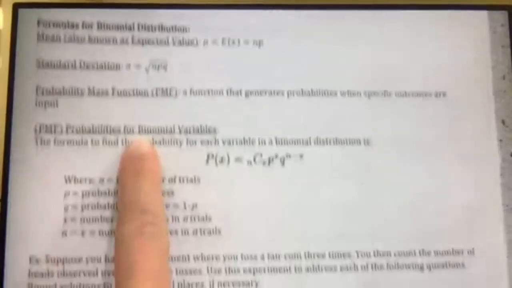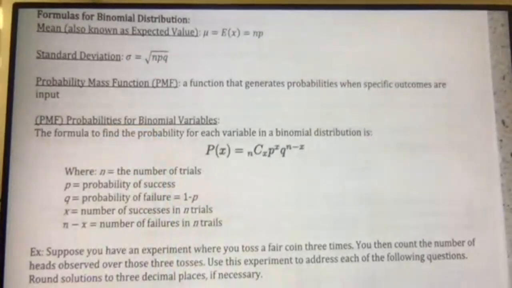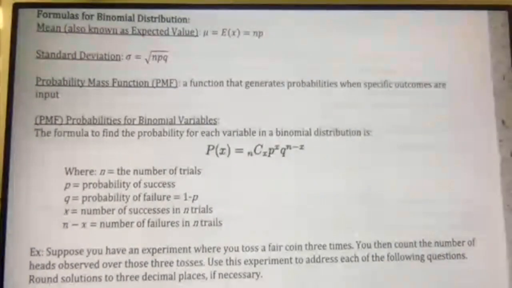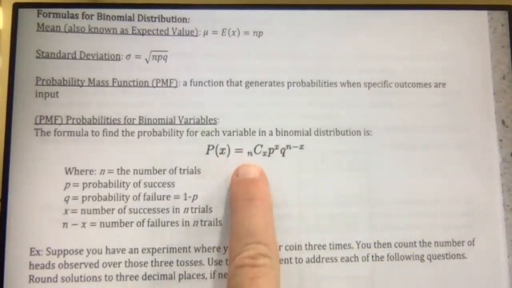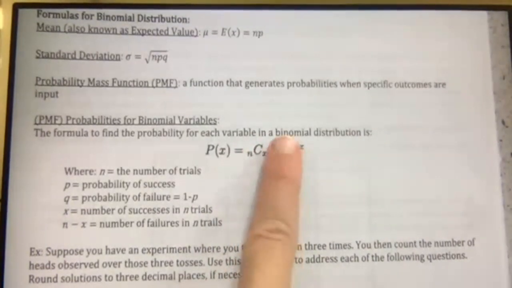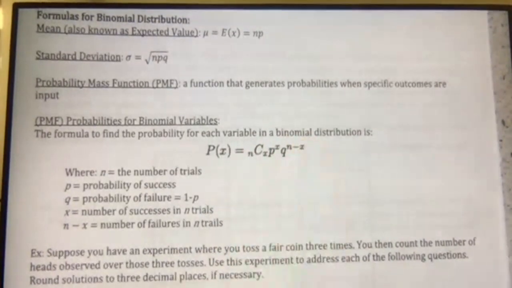The probability mass function, or PMF, is a function that generates probabilities when specific outcomes are input. The PMF is the formula to find the probability for each value of a binomial variable, and we have our formula here. P of x equals n combination x, going back to our combinations from chapter 3, times p to the x power times q to the n minus x power.